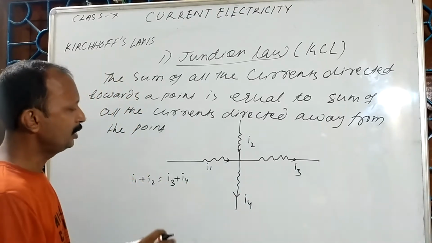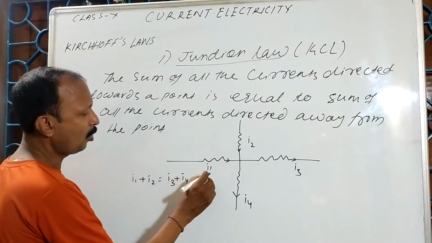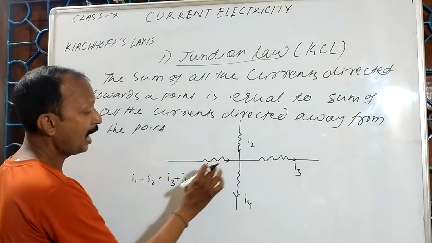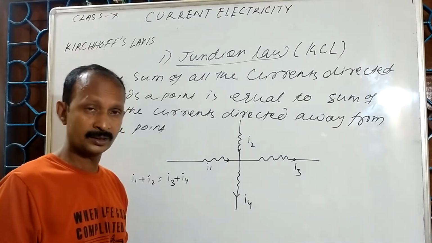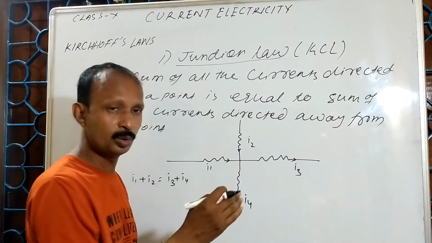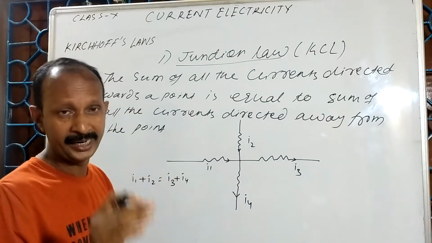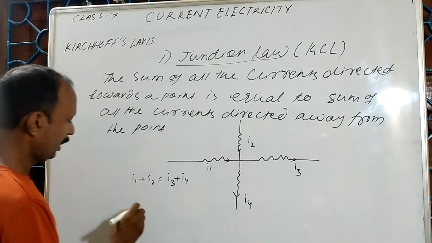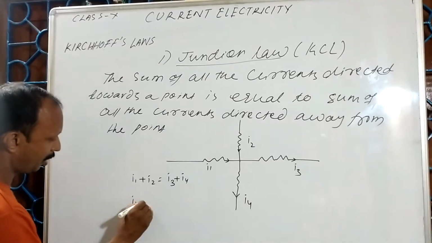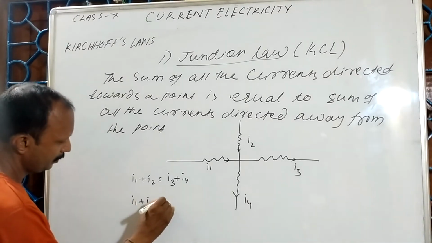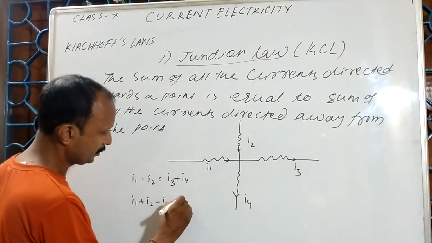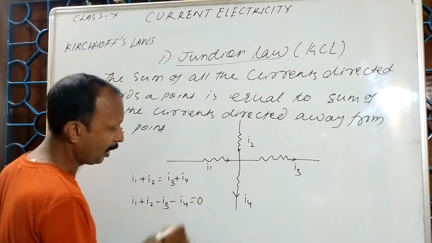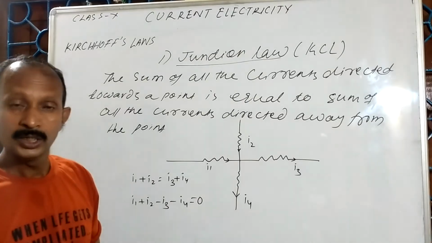For example, if I take the currents towards the point, I1 and I2, as positive and the currents I3 and I4, those away from the point, as negative, then I can write I1 plus I2 minus I3 minus I4 is equal to 0.